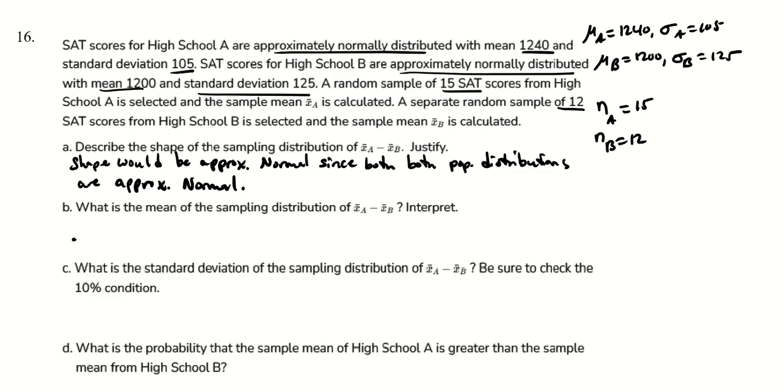Okay, what is the mean? Okay, so mu x bar A minus x bar B is going to be mu A minus mu B. So you're going to subtract them. So 1240 minus 1200 is going to be 40.